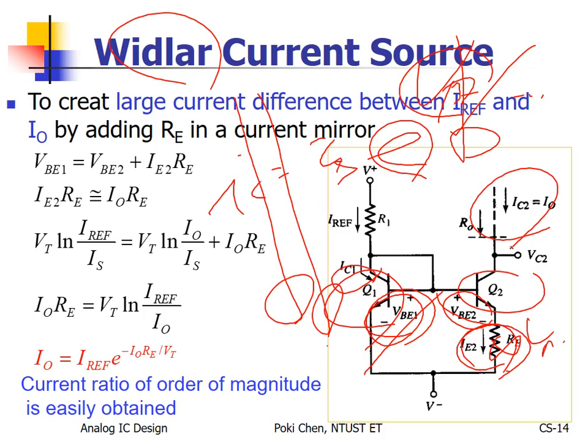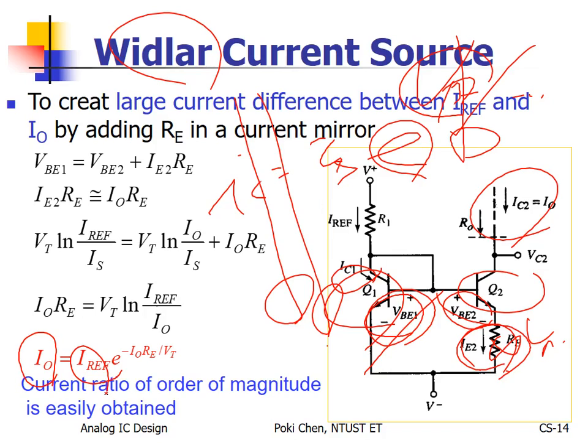But why do we need such a Widlar current source? Simply because we would like to get a very, very small output compared to the input. This is a very efficient way. Later, I will show you the traditional way to get larger or smaller current.